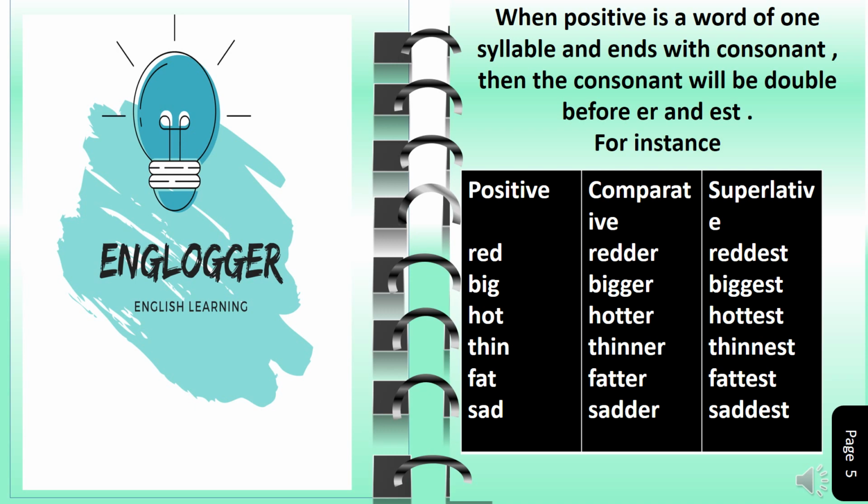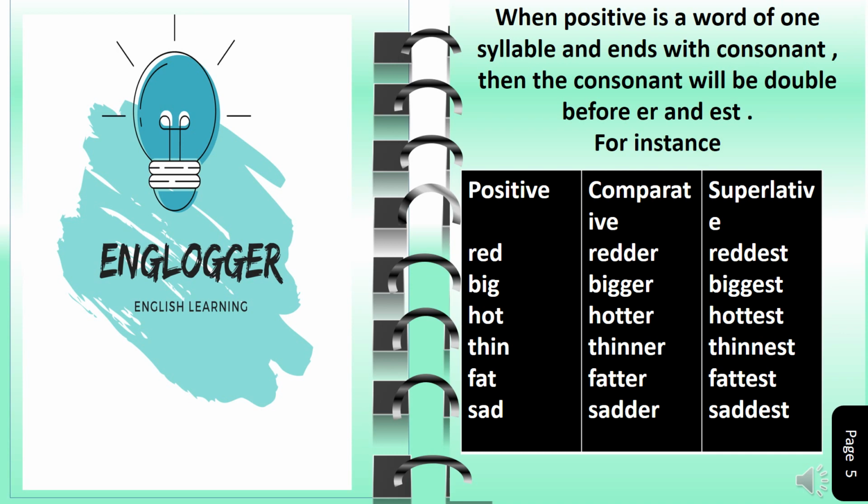Then in the comparative, the consonant D will be doubled in spelling. It is redder, R-E-D-D-E-R, and in the superlative, reddest, D-D-E-S-T. Before ER and before EST, we have to make a double consonant.